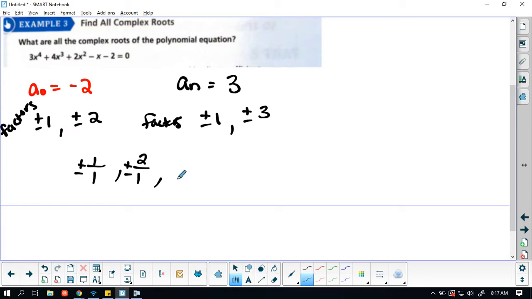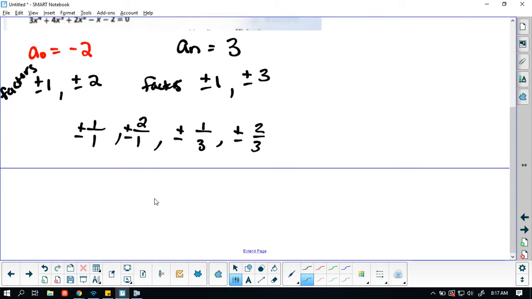So these are possible roots or possible zeros, plus or minus 1/3, plus or minus 2/3. So the possible rational roots are plus or minus 1/3, 2/3, 1, and 2.